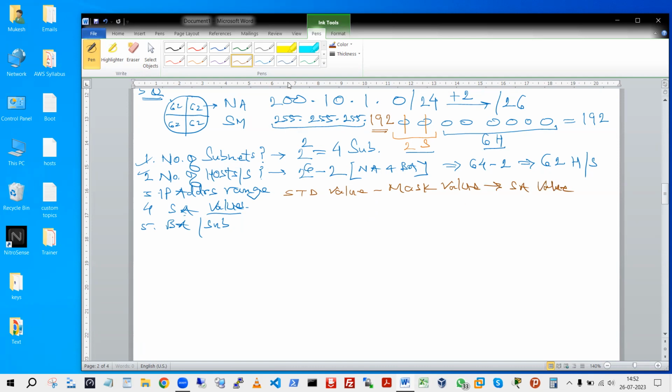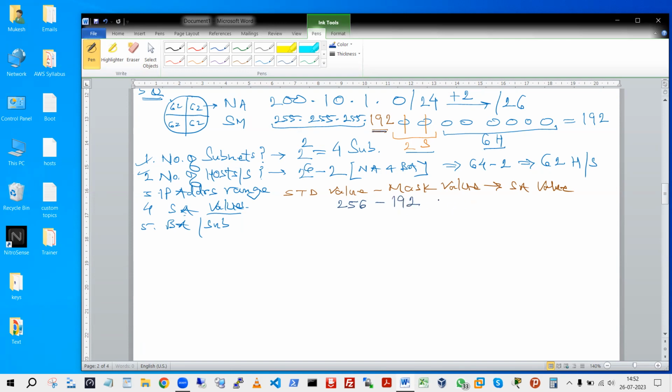And standard value is always 256. हमेशा 256 ही होगा. 256 are the possible values in an octet. So 256 minus mask value. Currently the mask value is 192.